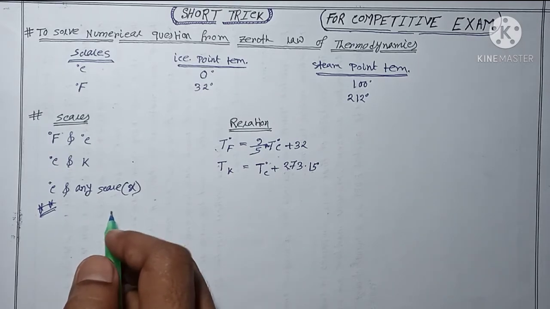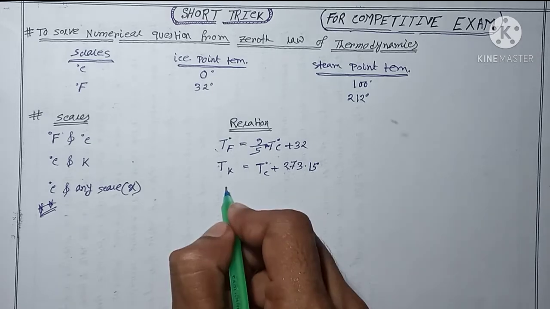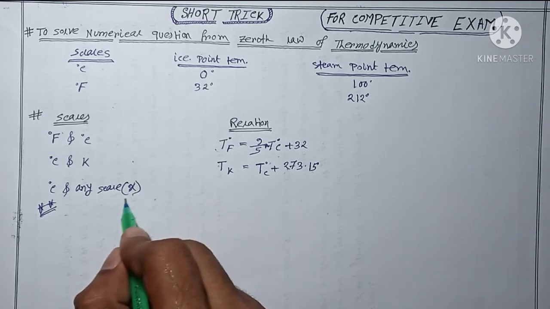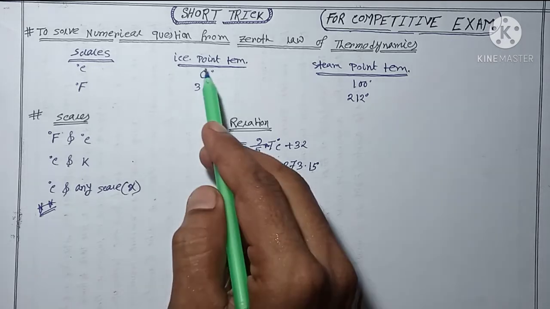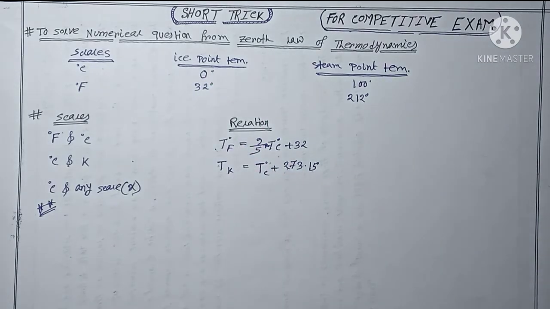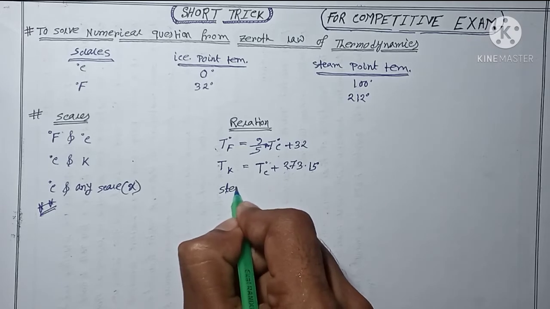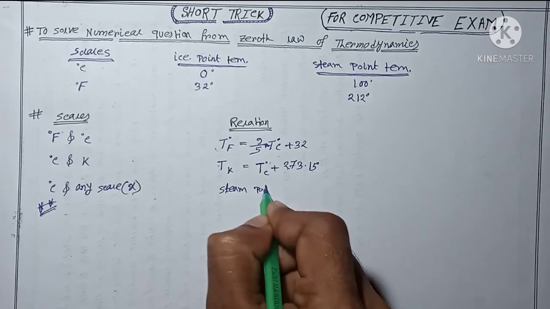Here the relation is very important, so observe carefully. In that X scale, the question will provide you the ice point temperature and steam point temperature. So these two temperatures will be there. Let us take the steam point temperature.